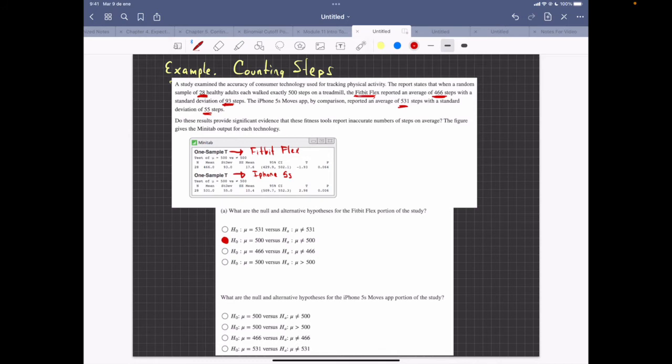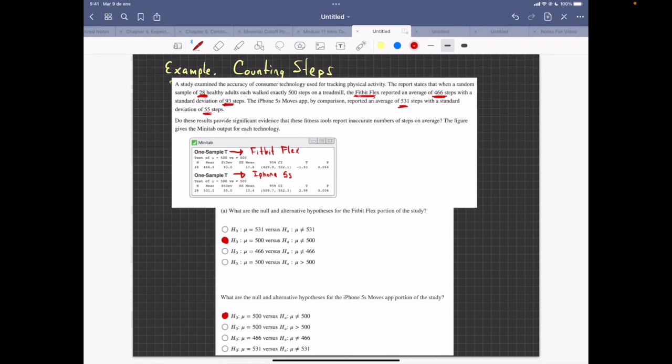The iPhone says that the average is 500, but an average reported 531, so it should be greater. It should be this one. But I don't know why the right answer from Achieve is different again. I think this is a problem from Achieve, right? Anyway, I'm going to follow the right answer from Achieve.